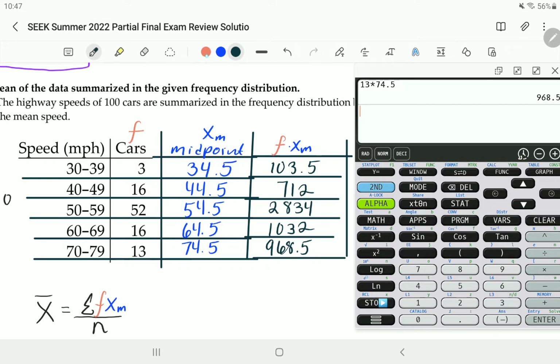And now after you find all the frequencies times the midpoints, you want to find the sum of your frequency times your midpoint. Actually, let's put that in the original colors that we're using.